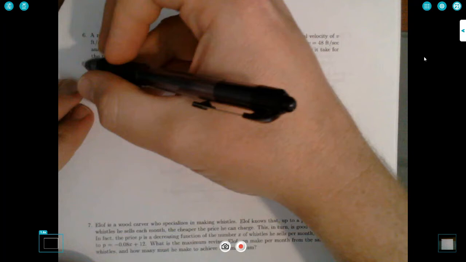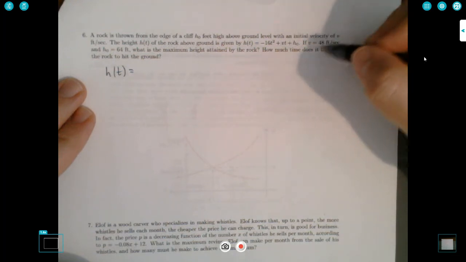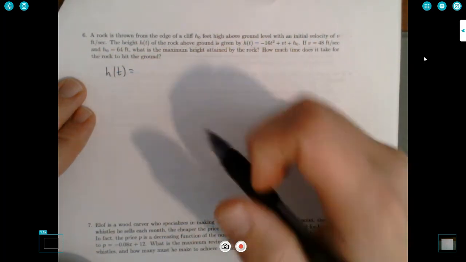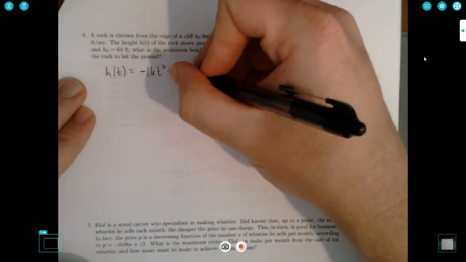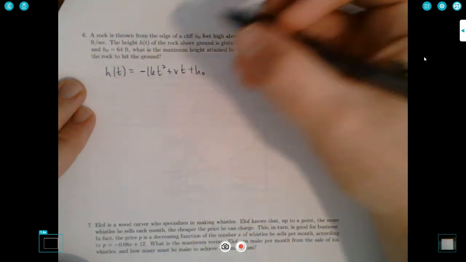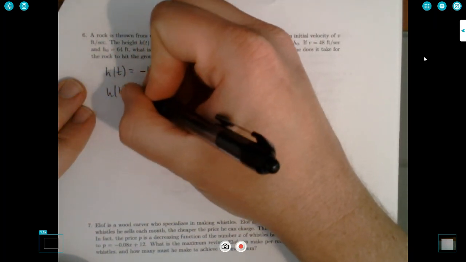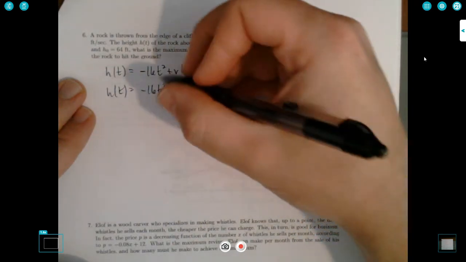Well, let's see. First of all, I'm going to plug in the numbers that I was given. I know that h of t is negative 16t squared plus vt plus h naught. But even better than that, I know that v is 48.